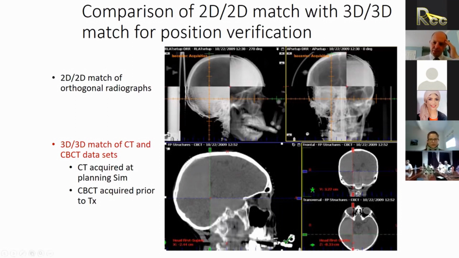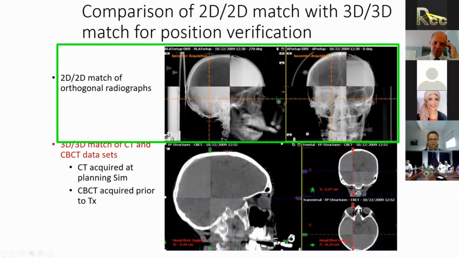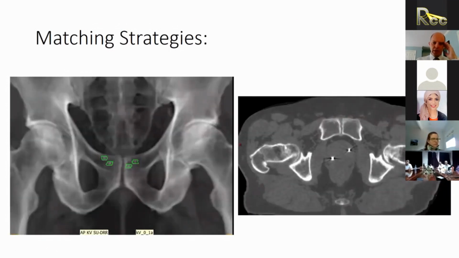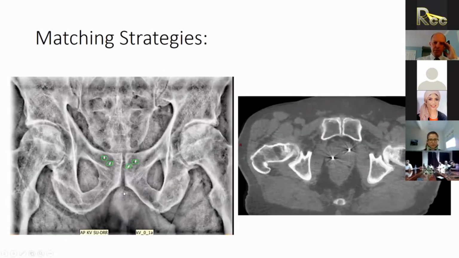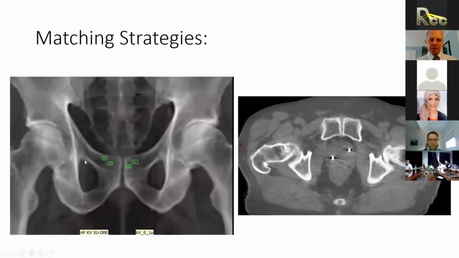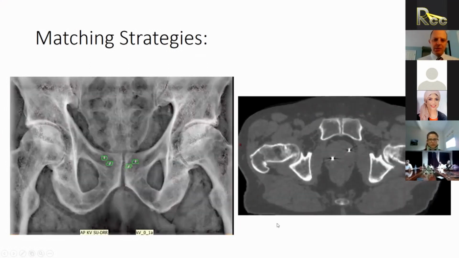Okay, yes, so just to point those out there. All right, matching strategies. You can see here on the left is a projection image, and that's being matched between a kV projection image, AP/PA, and an AP/PA digitally reconstructed radiograph from the patient CT.